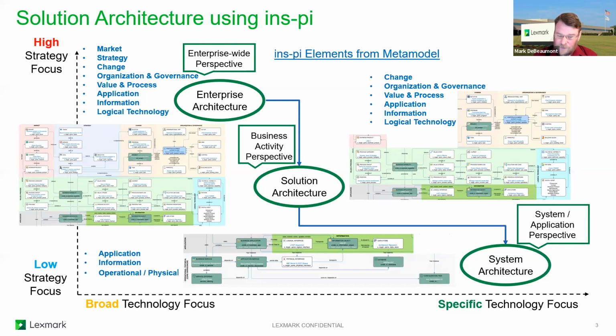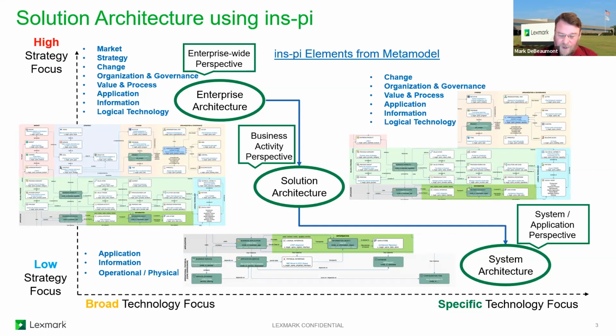The solution architecture delves into a much more detailed version of that. We assume that the strategy and so forth has been established, and we connect that to our solution. And we make sure that we're building a solution within the strategy and objective context for the organization. This can be either a business-focused solution diagram, or a customer-focused solution diagram, depending on who the audience is, of course. And then we get into some system architecture diagrams.